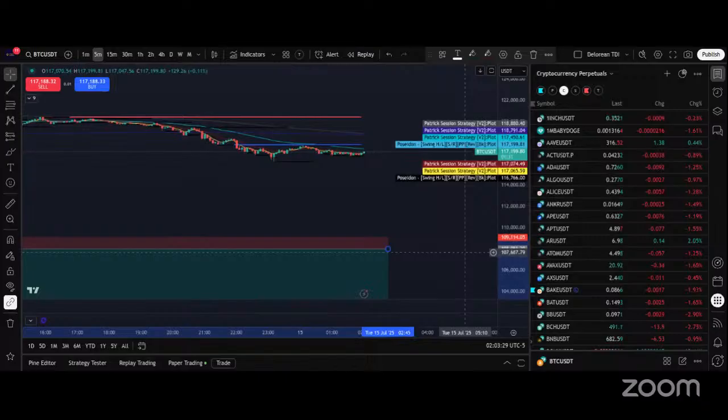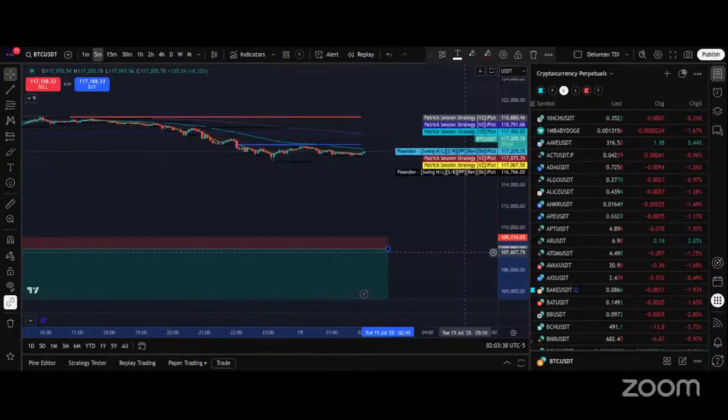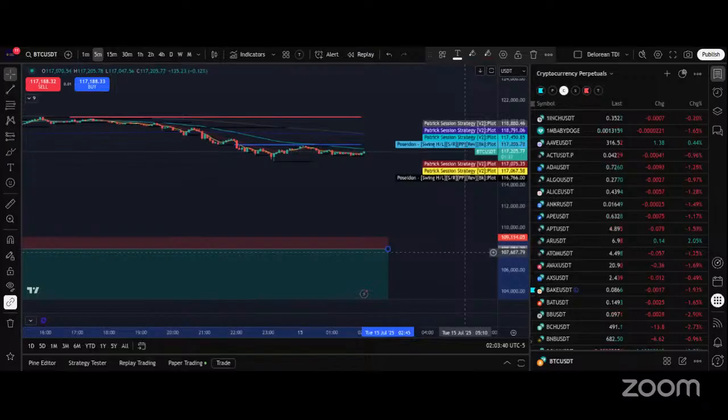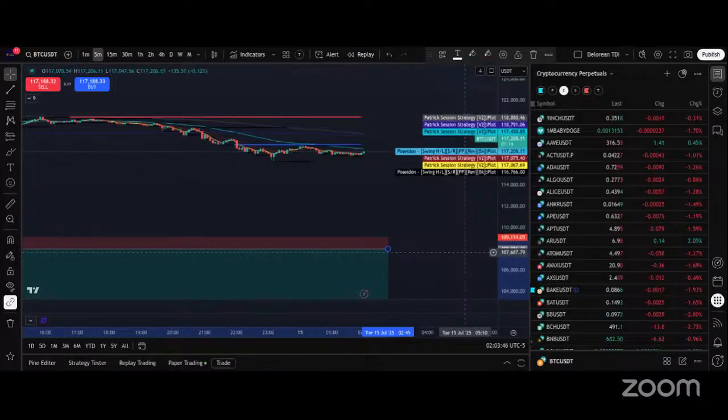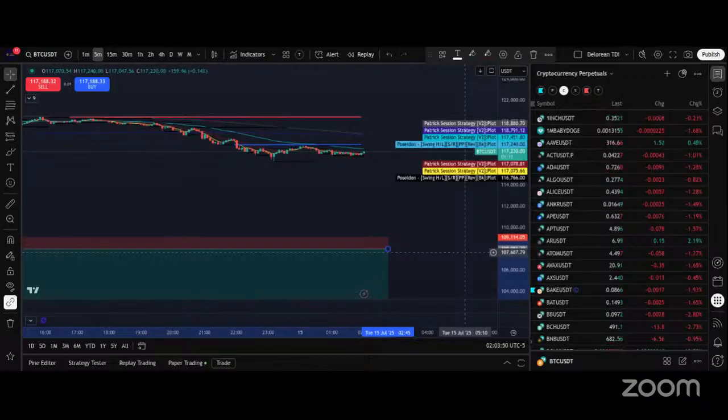If the blue line is on the top, that's the 800 exponential moving average. The gray line is in the middle, that's the 200 exponential moving average. And the 50 exponential moving average is on the bottom, that's the aqua line. That means that you're in a downtrend on that asset on that particular time frame.